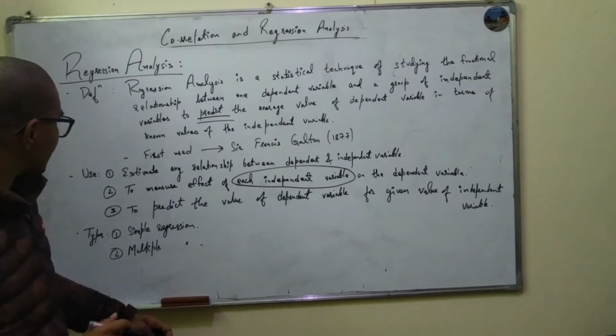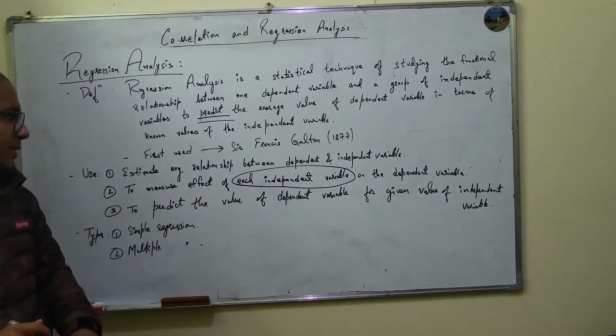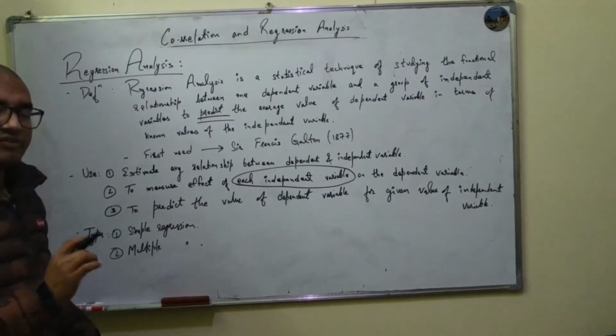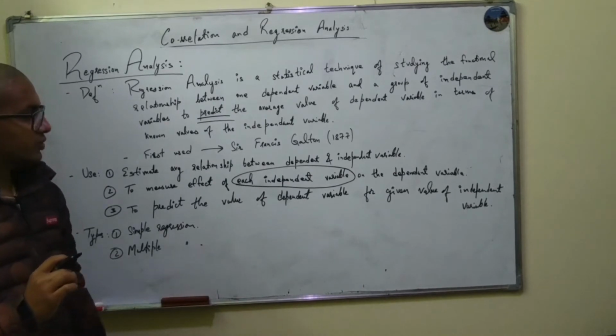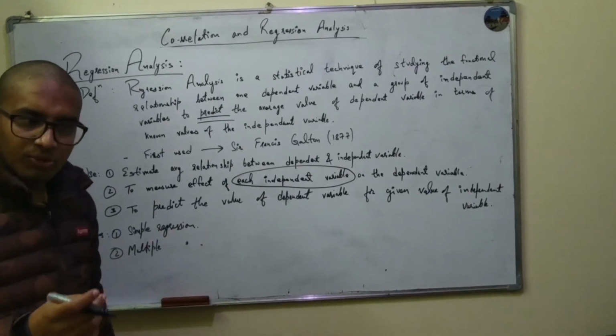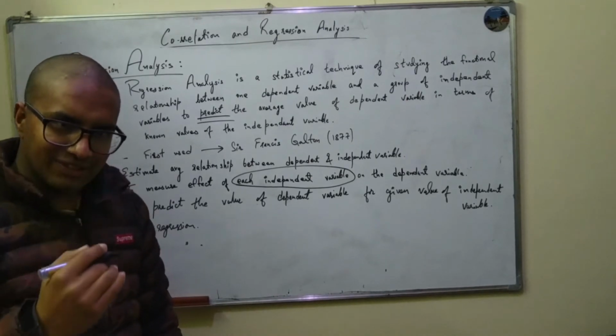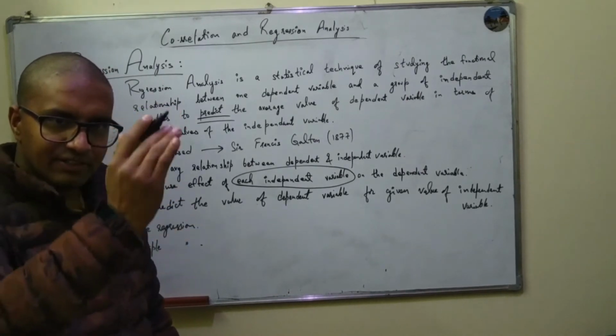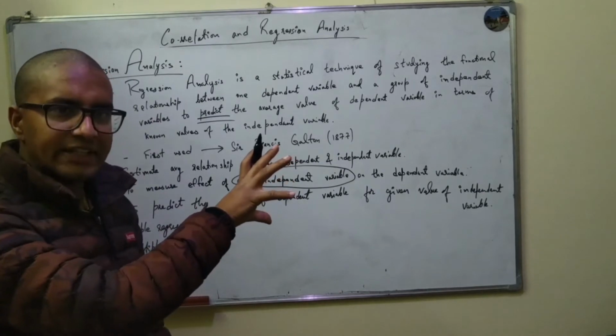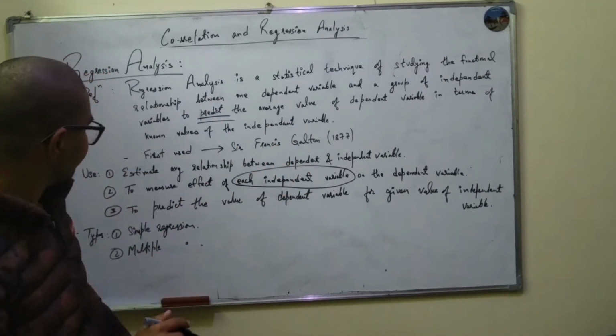And then to predict the dependent variable for given values of the independent variable, you could use that as well. By twisting the height, you could increase it or decrease it. How will that impact our weight on the other side?